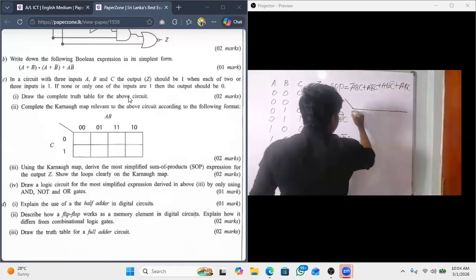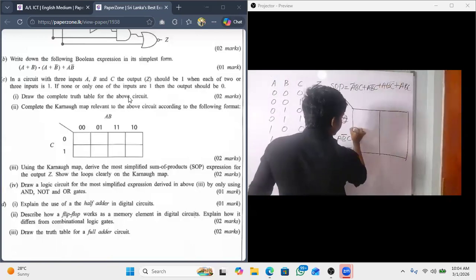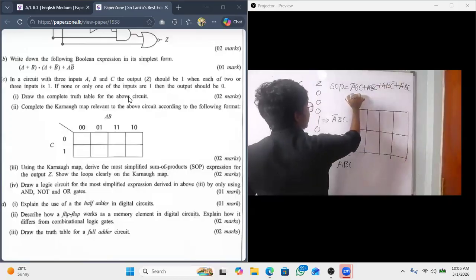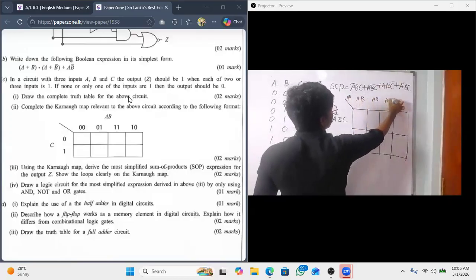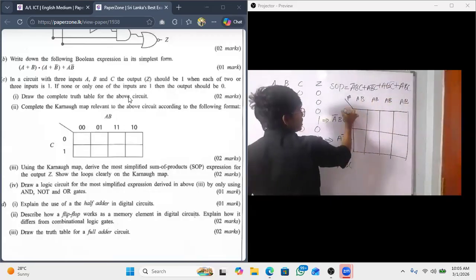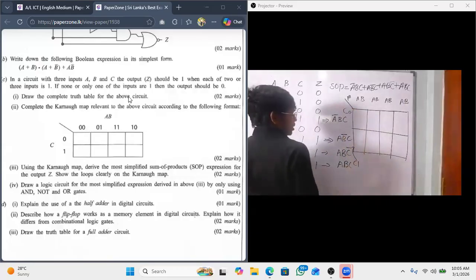Then I can put it inside this Karnaugh map. I am going to draw the Karnaugh map. Here we have AB values. We have C values here. This is C0. This is C1.